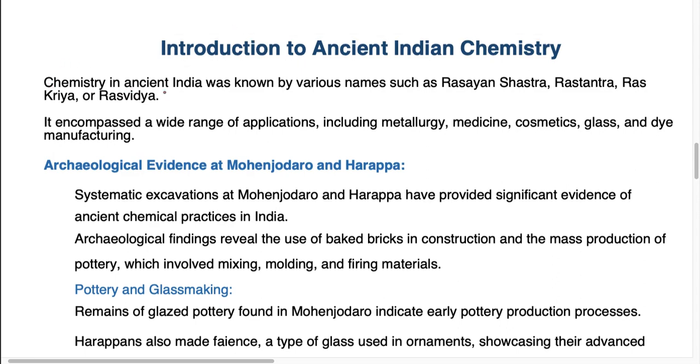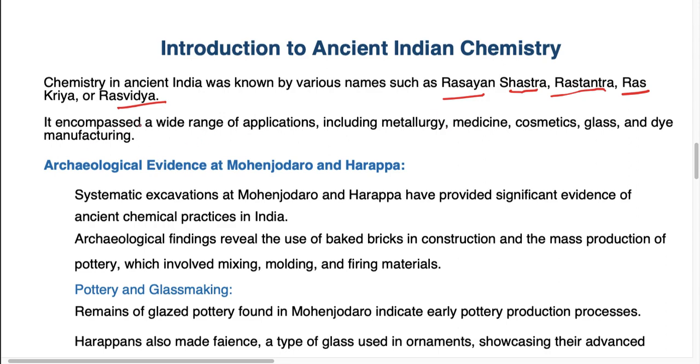Chemistry in ancient India was known by various names such as Rasayan, Rasayan Shastra, Rasatantra, Raskriya, or Rasvidya. So these are the names by which chemistry was known in ancient India.